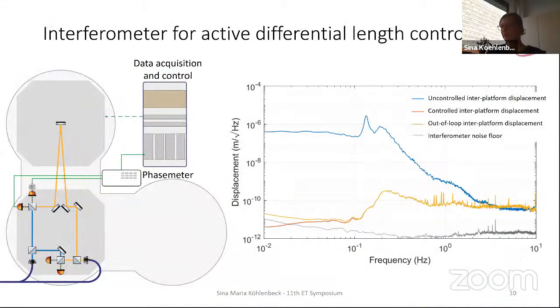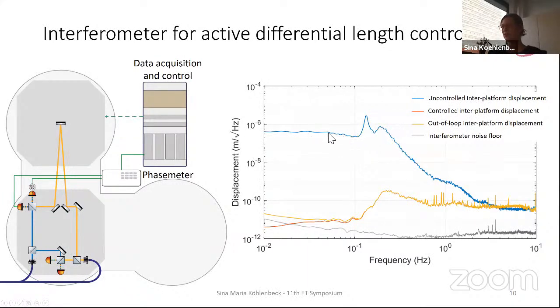So what we have done in this prototype is we have used an interferometer that runs in between these 2 platforms. And we use the signal that we get from the interferometer to then stabilize the platforms relative to each other. And this is what is also shown in the graph on the right. So if we have the platforms' relative motion measured by this interferometer, we get this blue line.